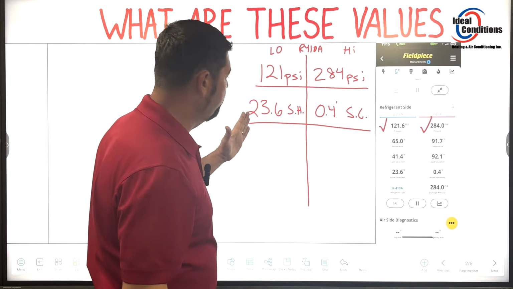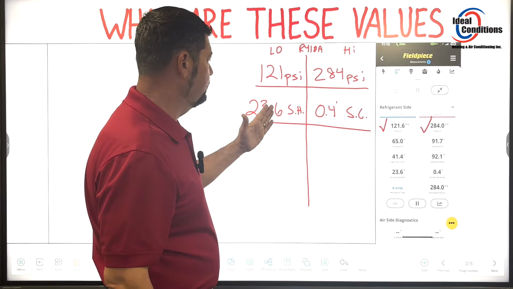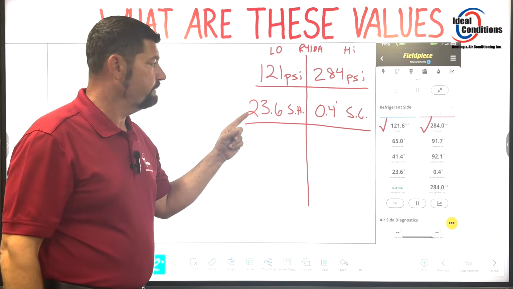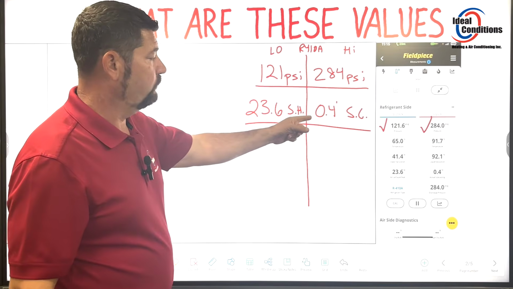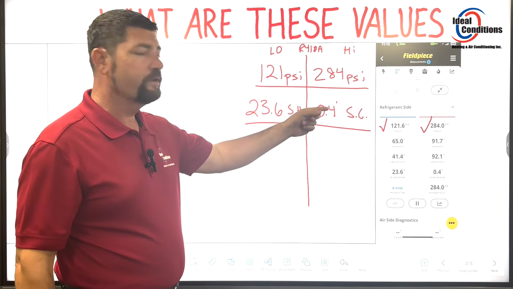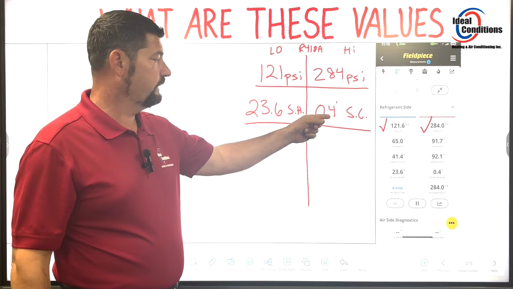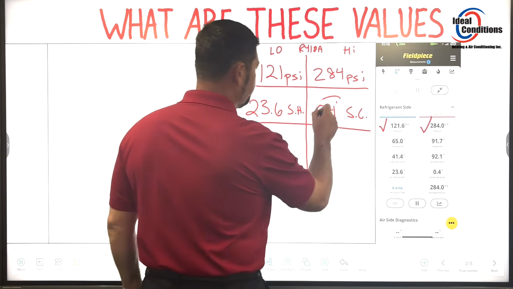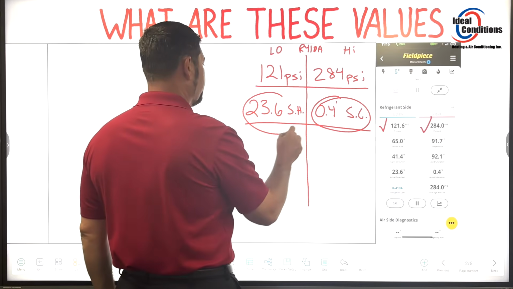Granted, I'm not above 30, right? But I'm not 12 to 18. And guess what? I barely have 1 degree. I don't even have a degree of liquid leaving. So that's not good. I have a problem here, and I have a problem here.